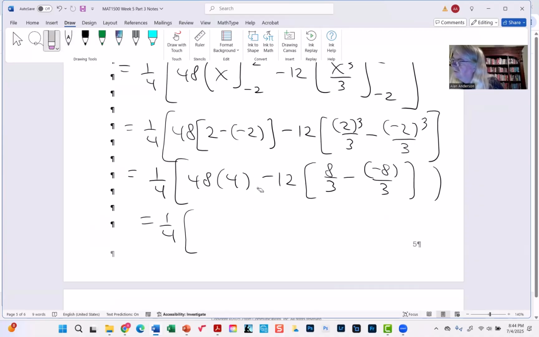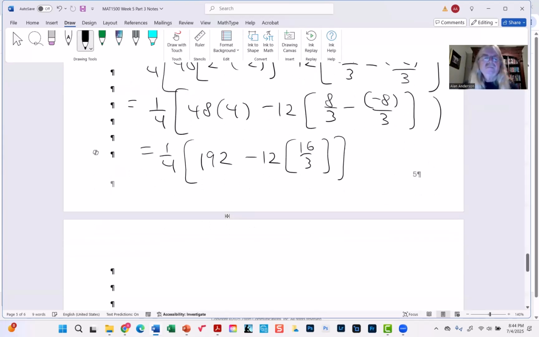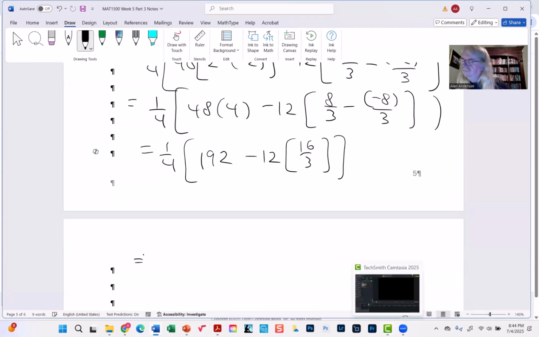This is correct. 192 minus 12. Now in here we have 16 thirds. 192 thirds.